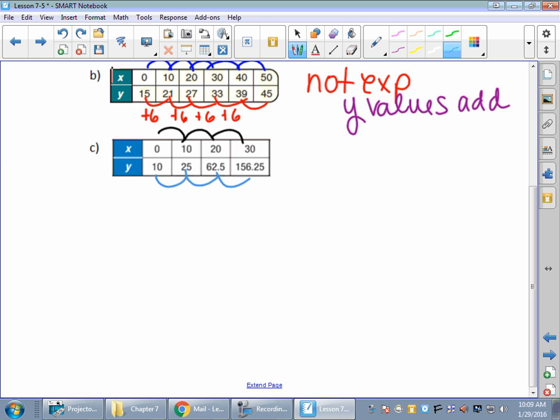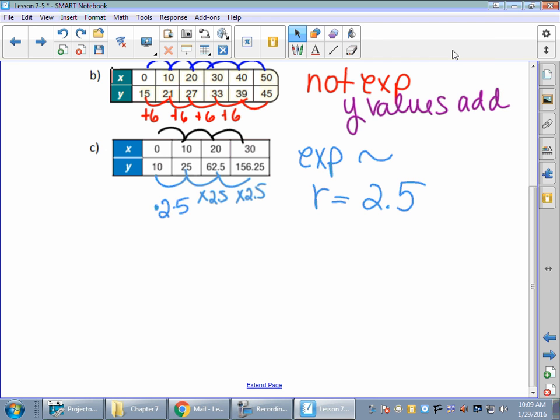When I did the math, it looks like I multiply by 2.5, times 2.5, times 2.5. So this is exponential because my common ratio is 2.5. I multiplied every one by 2.5 to get to the next y value.